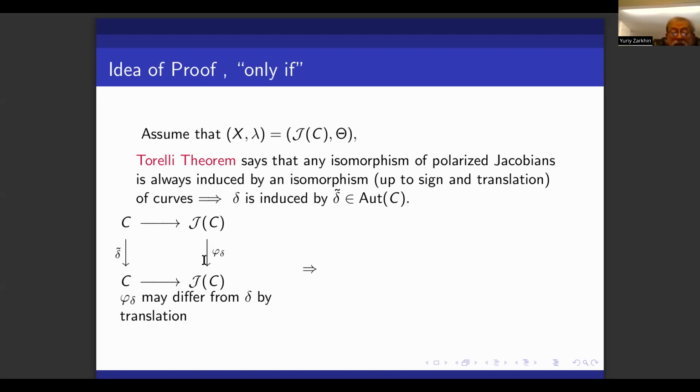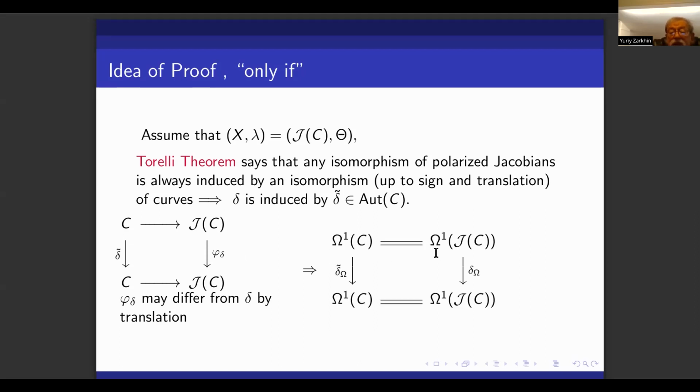anyway, we have this commutative diagram, which implies another commutative diagram. On this line we have a canonical isomorphism between differentials of the first kind on the Jacobian and on the curve. Here we have the automorphism induced by delta tilde, but here we have delta omega.